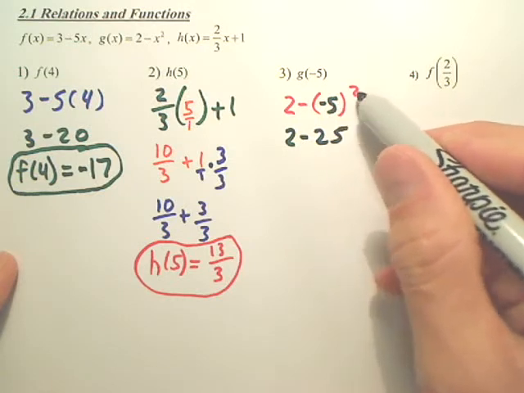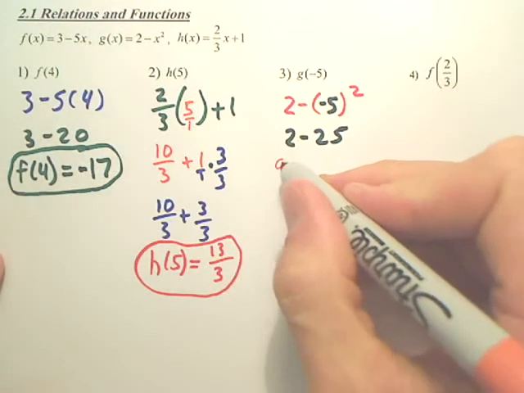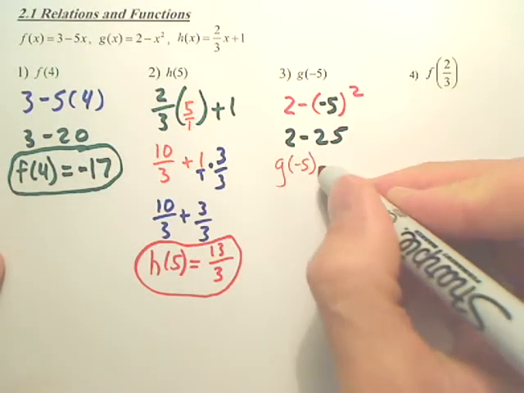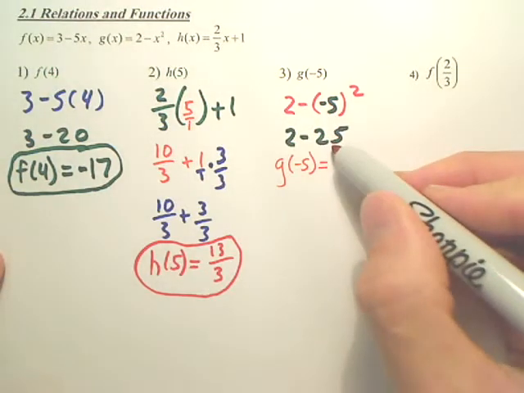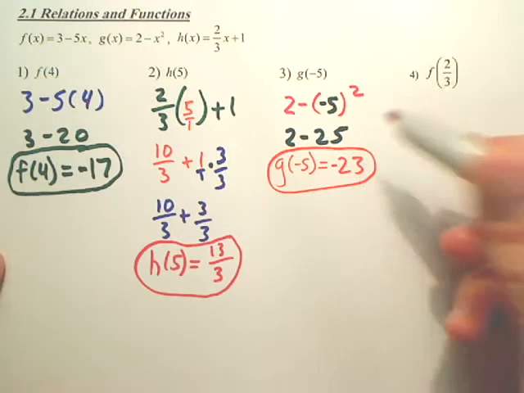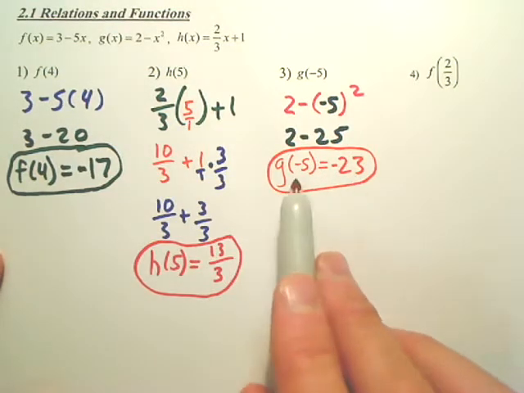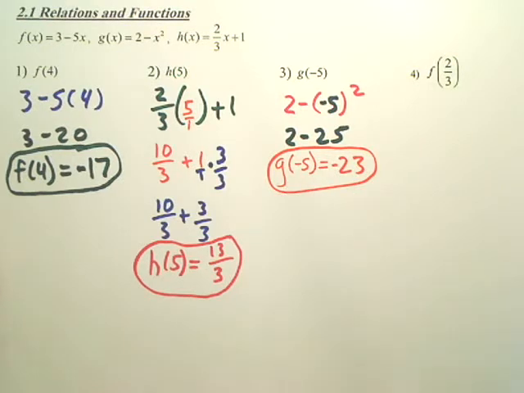That becomes a positive 25, but that minus is still there. So, g of negative 5 equals, what's 2 minus 25? Negative 23. Again, that right there tells me what I plugged in, what I got out, and which equation I used. It tells me a lot of info.